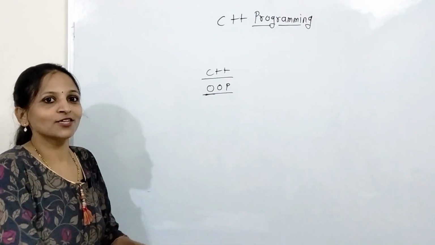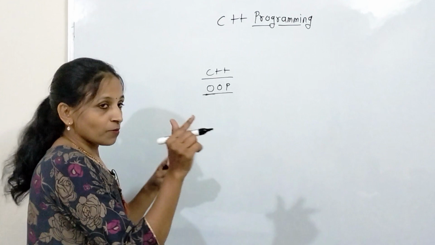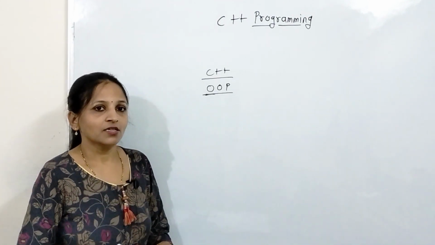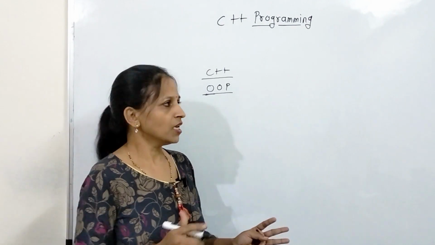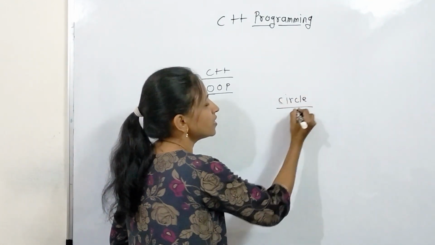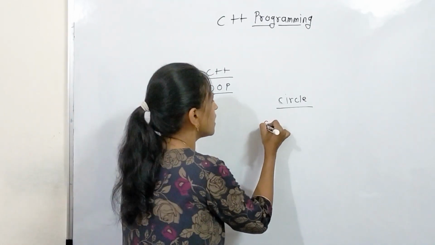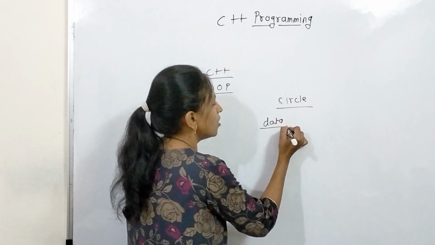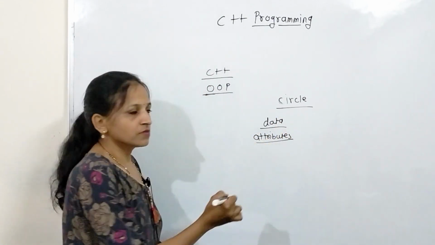But what exactly is that object orientation? First you must know. Let's see. An object is nothing but any runtime entity. Now here we will think like circle is an object. If you are considering the circle as an object, then just think about the data, or you can say the attributes, about that circle.